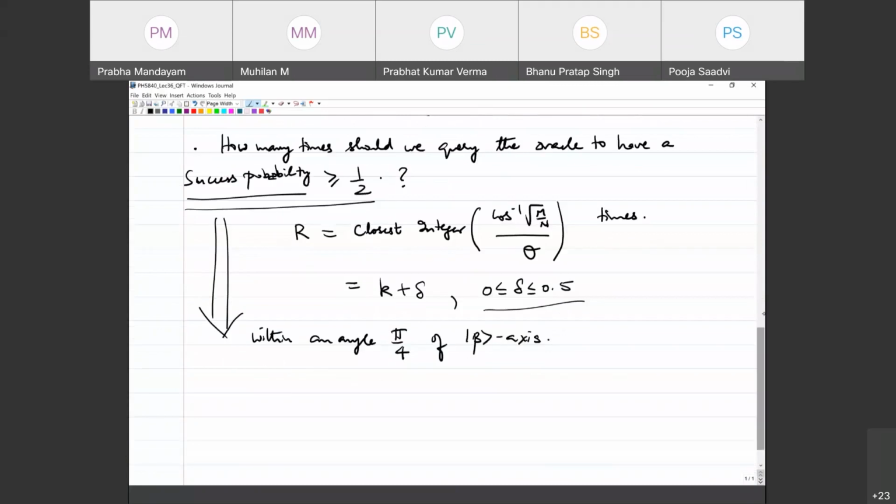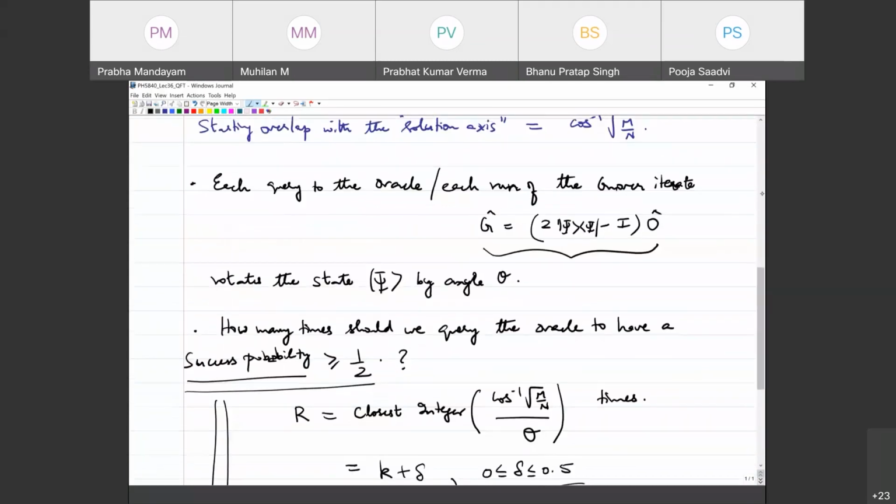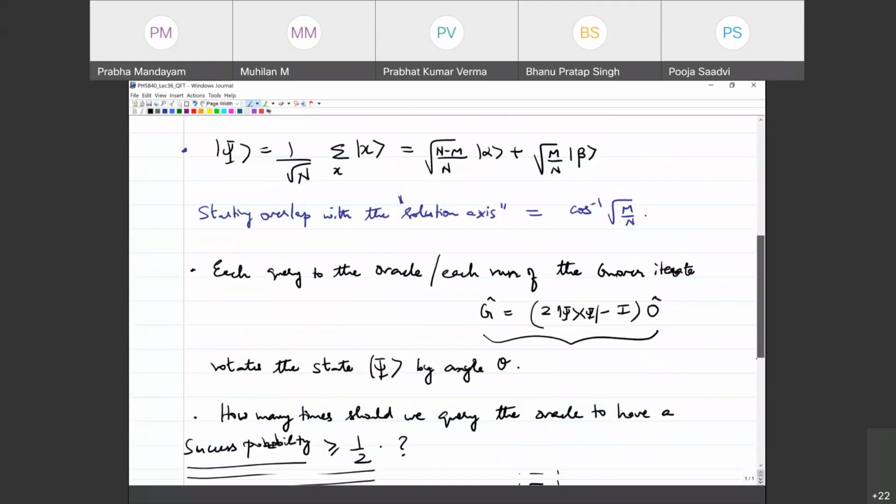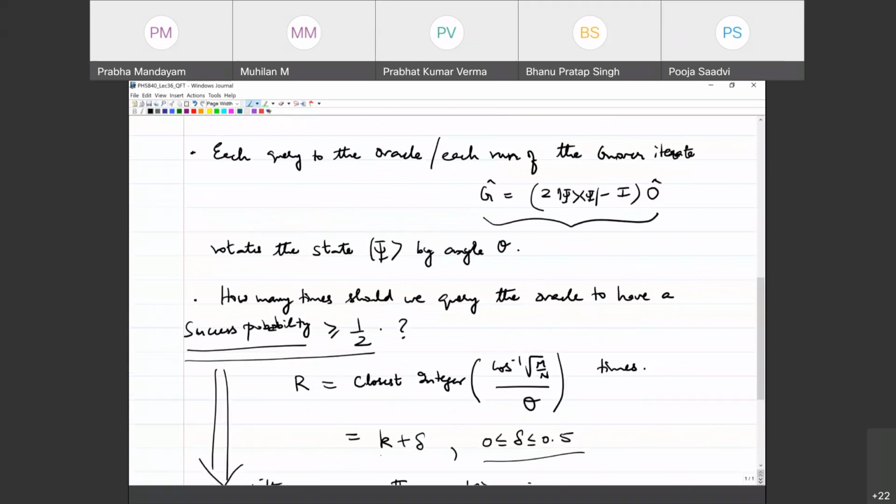This is often what's called an angular error when people analyze this. So let's say that this number is k, so the closest integer is k. K is an integer and this delta is something between 0 and 0.5. So let's say you've done this k times.